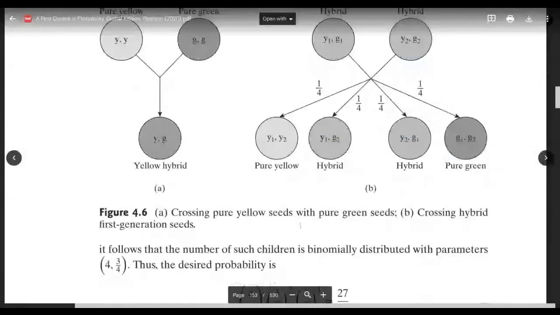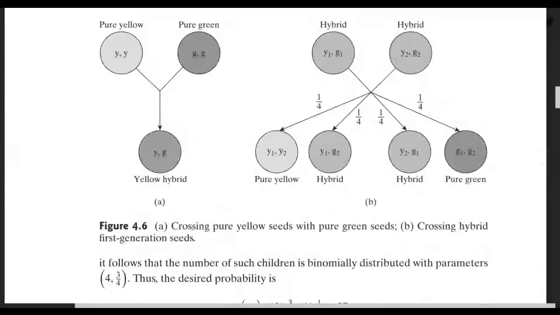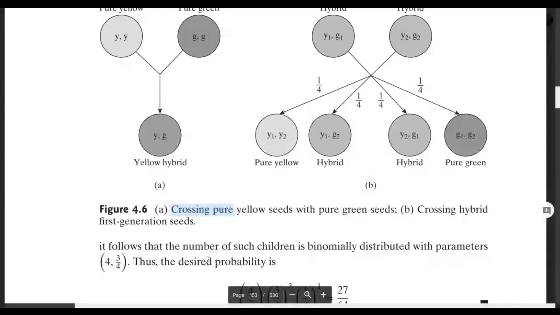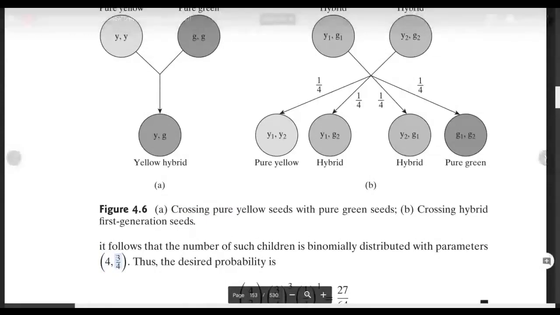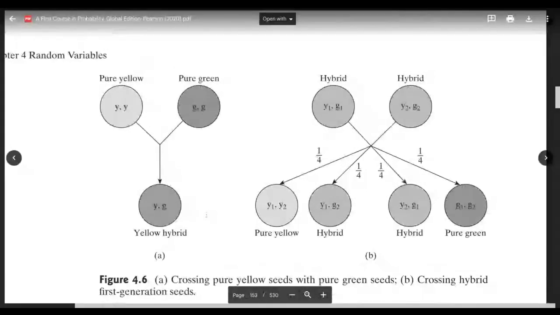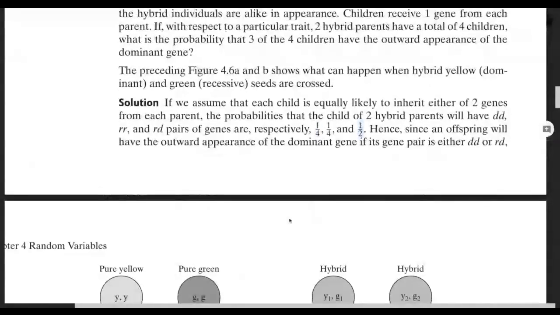Okay. So this figure is showing crossing pure yellow seeds with pure green seeds, then crossing hybrid first generation seeds. It follows that the number of such children is binomially distributed. Out of 4 children, the probability of a dominant appearance is 3/4, because we have a quarter plus a half, which is 3/4.